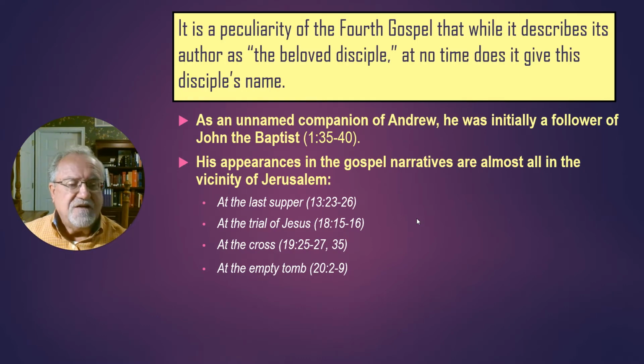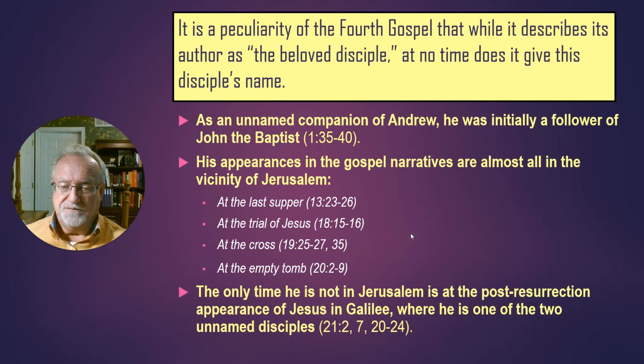But there may be actually another reason why a lot of the things happen in the vicinity of Jerusalem, and especially why a number of the narratives in the life of Jesus happen in the city of Jerusalem. In fact, the only time he doesn't seem to be in Jerusalem is when he is in this group of 7 disciples after Jesus had risen from the dead. And this is in Galilee, and he seems to be one of the 2 unnamed disciples on that particular occasion.